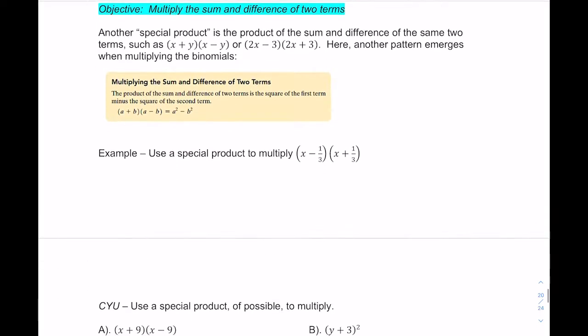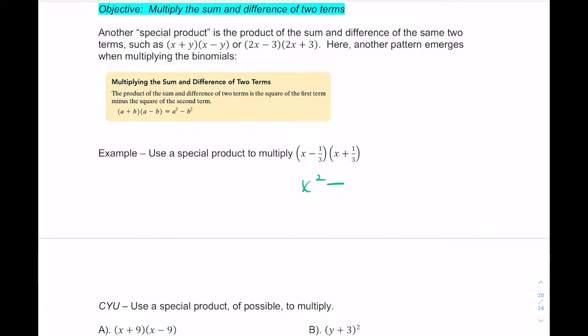So for instance, here I have x minus 1/3 times x plus 1/3. This is a sum and difference. Sum means add, difference means subtract, right? And we have the same terms in each parenthesis. So a shortcut is you can square the first term. So x, if I square that, I get x squared. You're always going to have a minus because a negative times a positive is a negative.